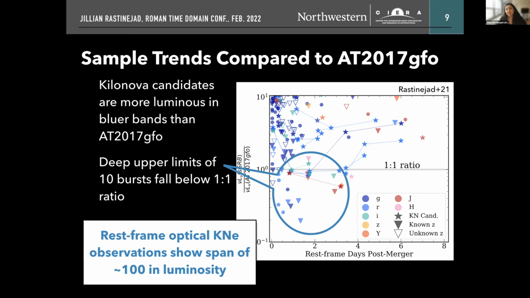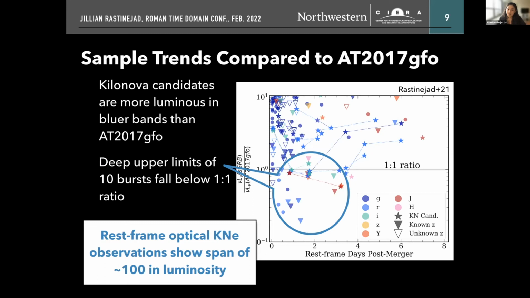Yeah, thank you. That's a really interesting question. My first thought ties into the idea of the squeezed dynamical ejecta that comes out through the poles that would perhaps be bluer. Another thing that I'll say is that these are, again, kilonova candidates. And so these don't seem to be likely afterglow behavior. However, it is entirely possible that there is some combination of afterglow that is still in here, contaminating them.